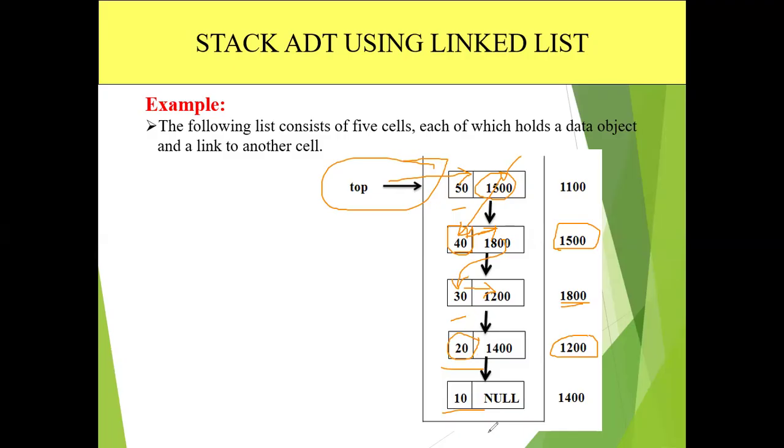To get the next value 10, we refer to the second part of the 20 node, that is 1400, the address of the value 10. To get the next value, we refer to the second part of 10, which is null, indicating there are no other values after 10. This is a simple example of a stack using a linked list, and it appears like this.